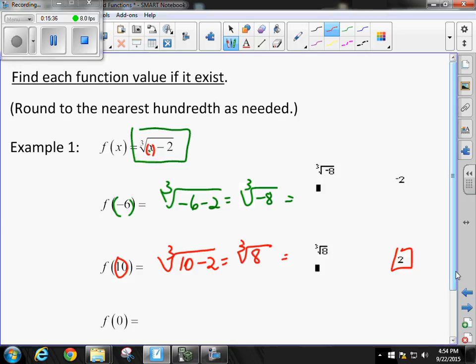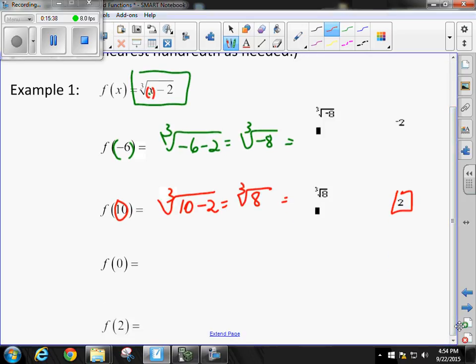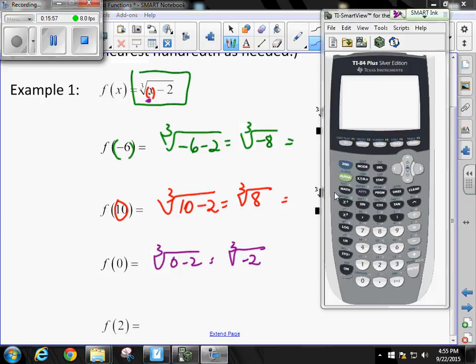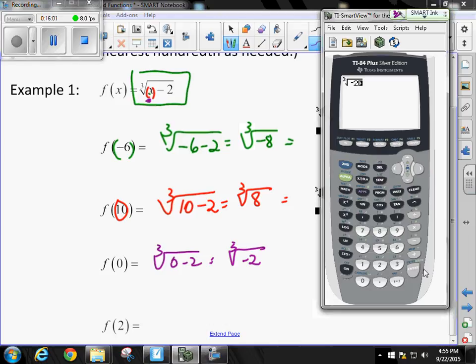Then I'm going to do f of 0. So I'm putting in 0 where the x is. So I have the cube root of 0 minus 2, which would be the cube root of negative 2. And I can put that in my calculator, Math 4, doing the cube root of negative 2.